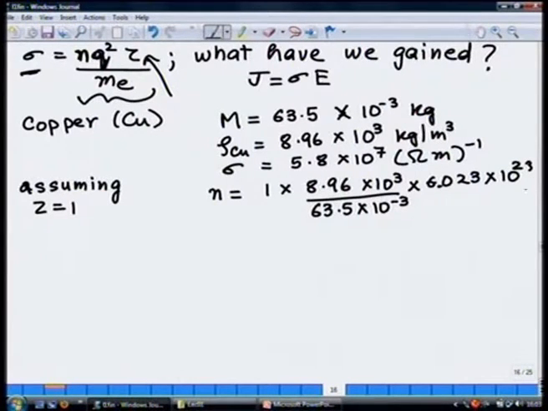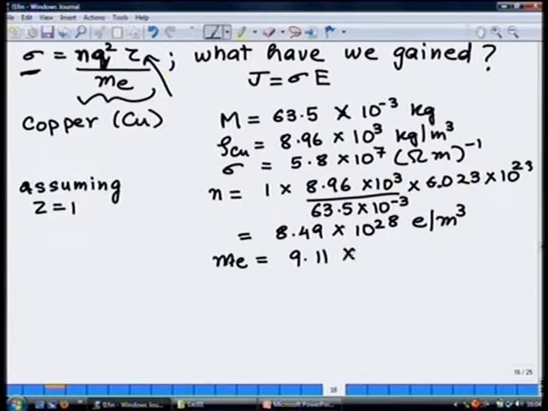Since there is 1 electron per atom, so this many electrons, which I have calculated as 8.49 into 10 to power 28 electrons per meter cube, or 10 to power 22 electrons per centimeter cube. The mass of the electron is 9.11 into 10 to power minus 31 kg, and the charge of the electron is 1.6 into 10 to power minus 19 coulombs.